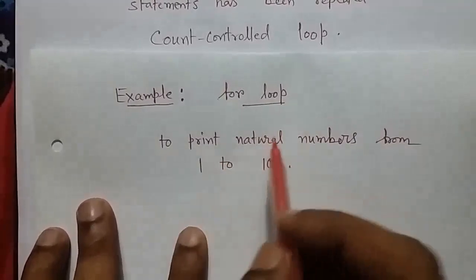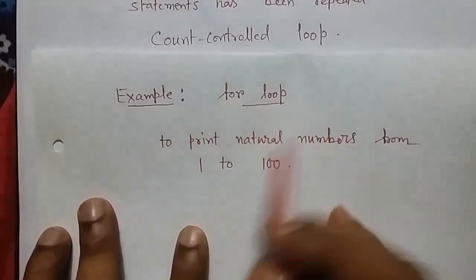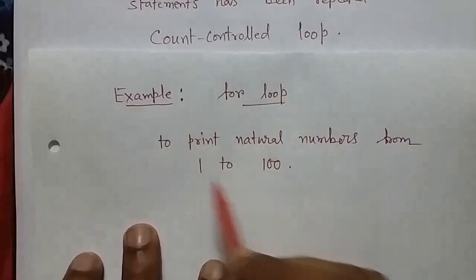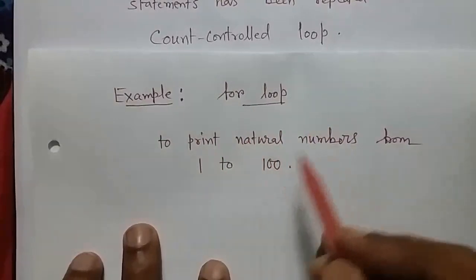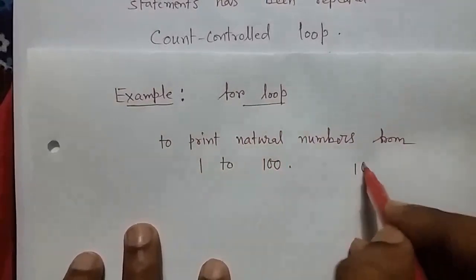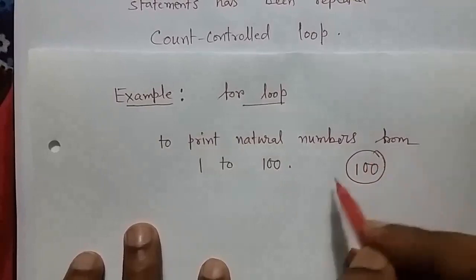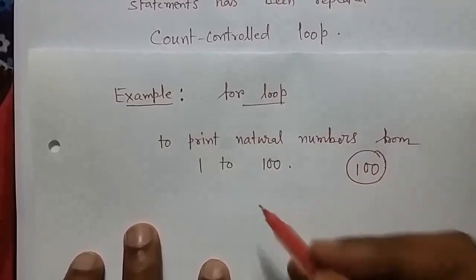So here we will use fixed loop, that means for loop, because we need to print natural numbers from 1 to 100. As we know, the total number of iteration will be 100. So the total number of iteration is already known to us.